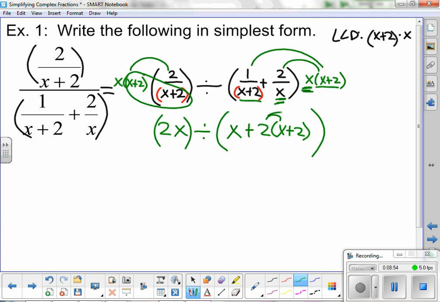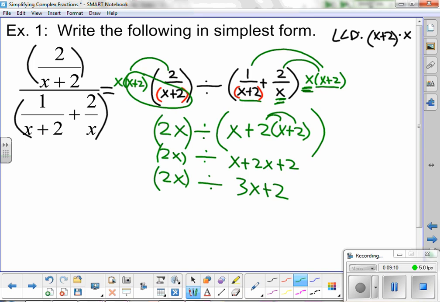So you got to distribute again. You'll end up with x plus 2x plus 4, which will become 3x plus 4. This 2x stayed the same the whole time. That was the bottom the whole time.